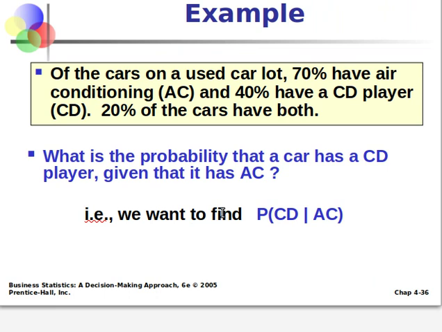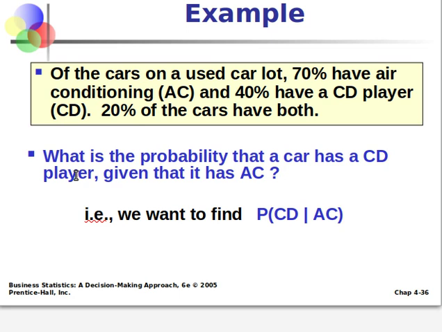Example here. Of the cars on a used car lot, 70% have air conditioning AC and 40% have a CD player CD. 20% of the cars have both.